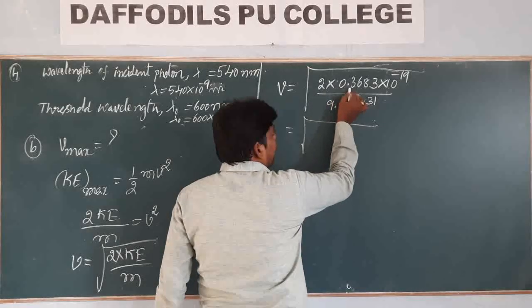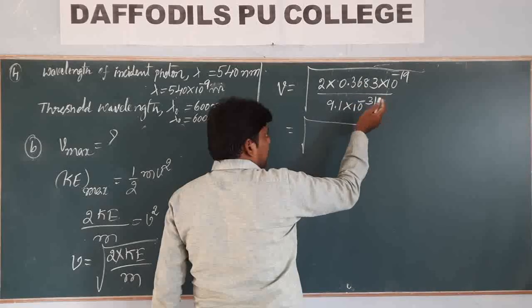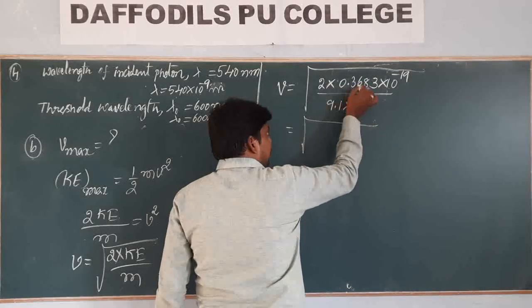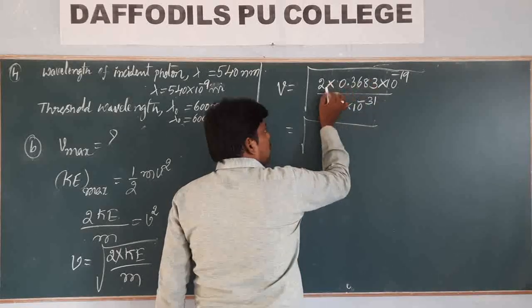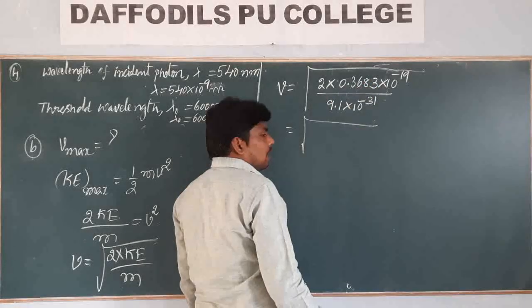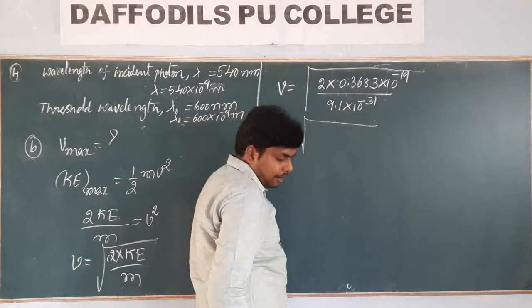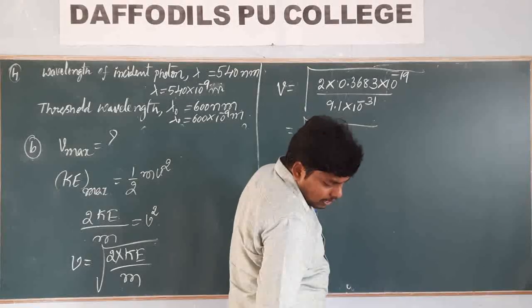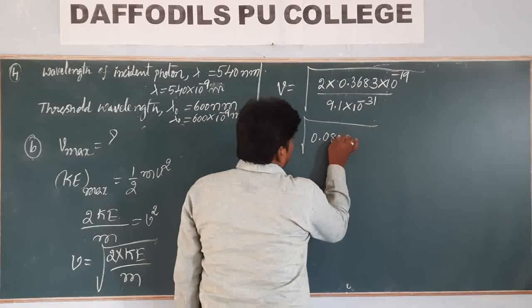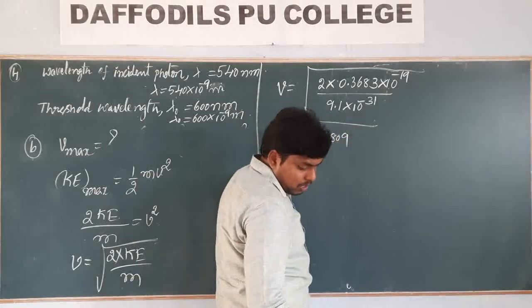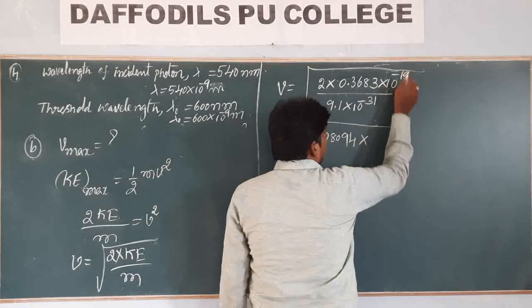2 into 0.3683, you will get nearly 0.7 something. Again, divide that value by 9.1. First 2 into 0.3683, divide that value by 9.1 and write that value here. What is the value you are going to get? That is 0.08094 into 10 to the power of minus 19.